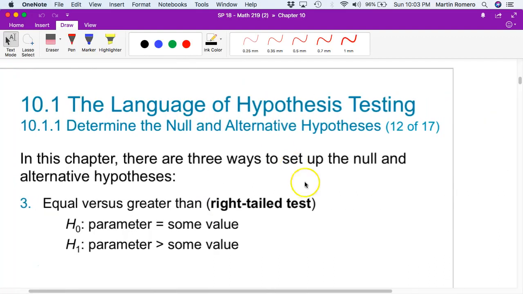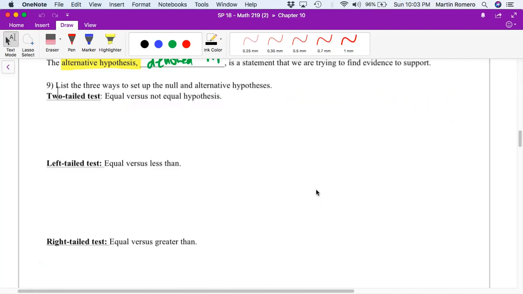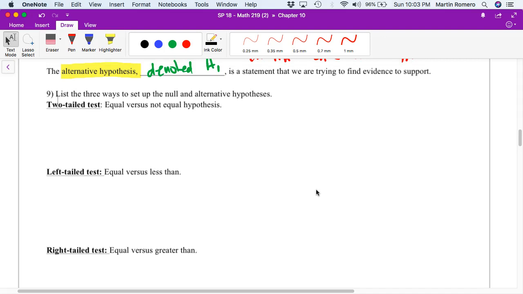Looking at what we want you to put in here for a two-tailed test: when we do a hypothesis test, your first step is to write your hypotheses. You're going to say H sub 0, the null hypothesis, is some parameter equal to some value.